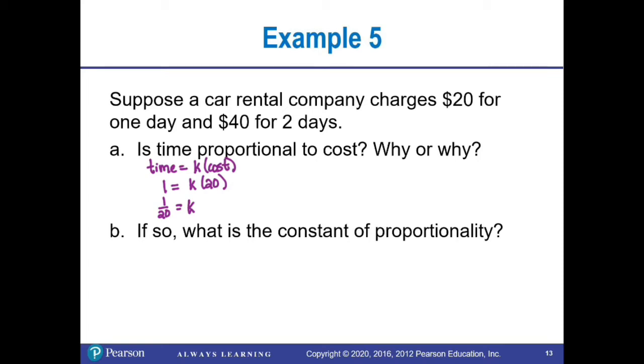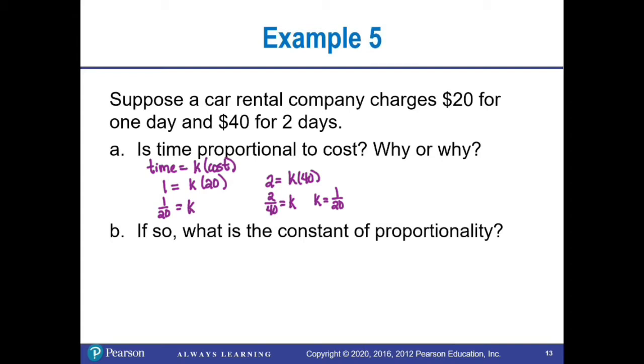Now let's look at our second situation. We have $40 for 2 days. So our time is 2 equals k, and our cost is 40. Divide both sides by 40, and k is 2 over 40. Simplify that fraction. 2 goes into itself 1 time and into 20 times. And so that gives us k equals 1 over 20.